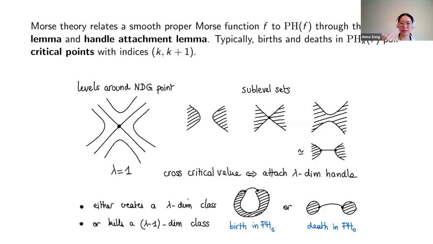In terms of homology, this either creates a new class in dimension lambda, or it will kill a pre-existing class in dimension lambda minus 1. So typically, the birth and the death in the persistence modules will correspond to critical values that themselves correspond to critical points with indices differing by 1 unit.